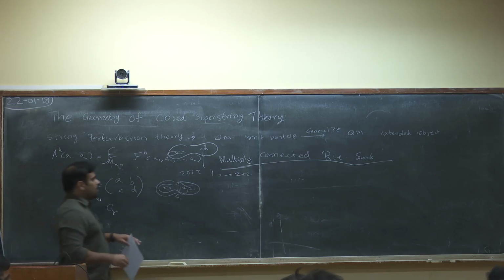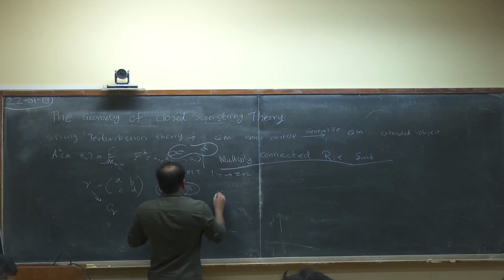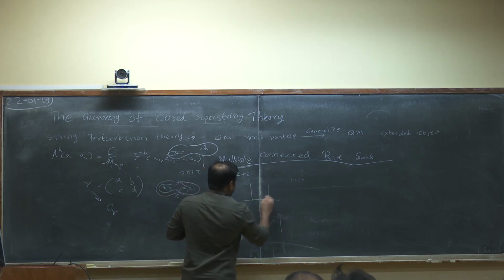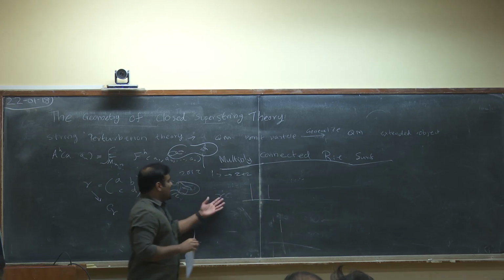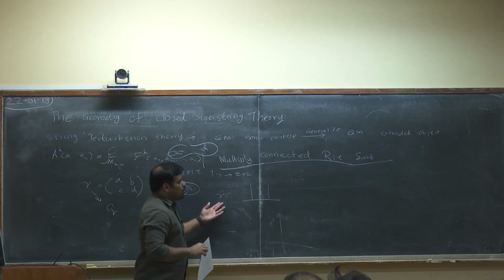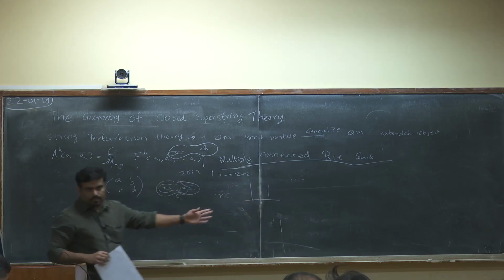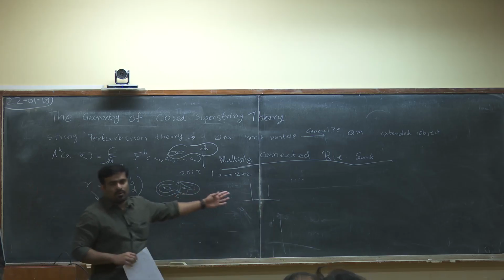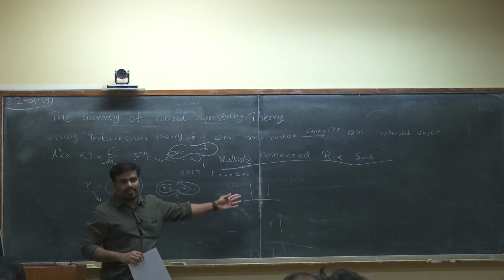Any gamma acting on the upper half plane takes you through a geodesic on the upper half plane, and then you are doing some identification. A little more detail is there; you can work it out.